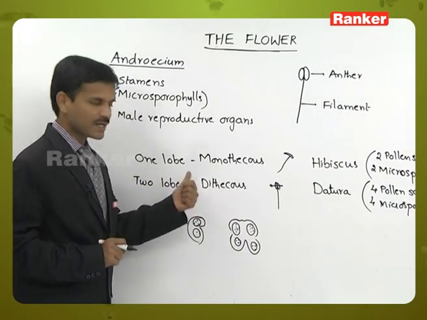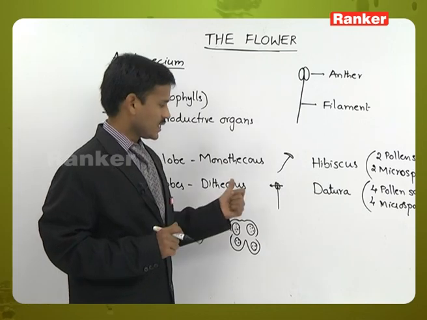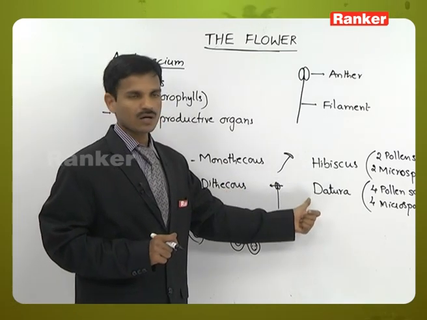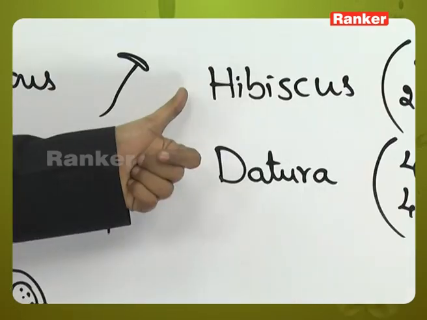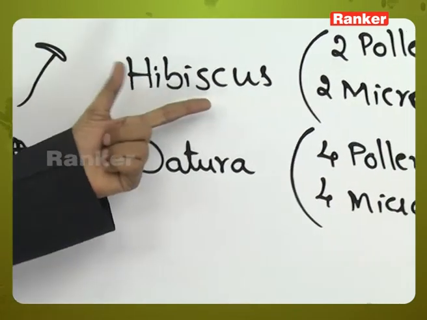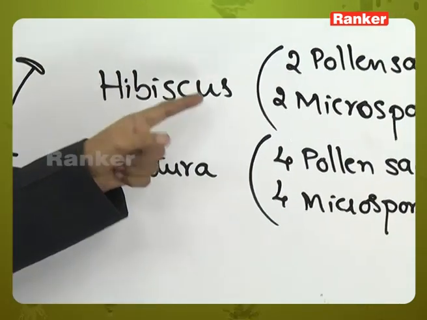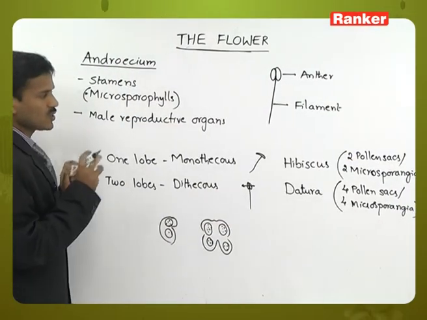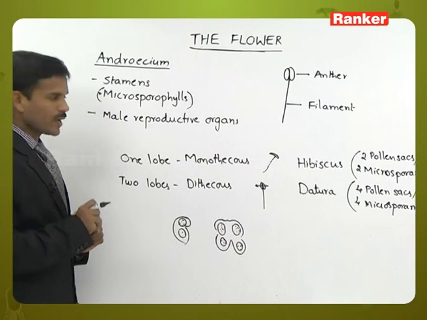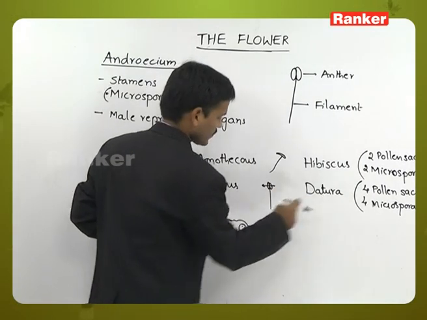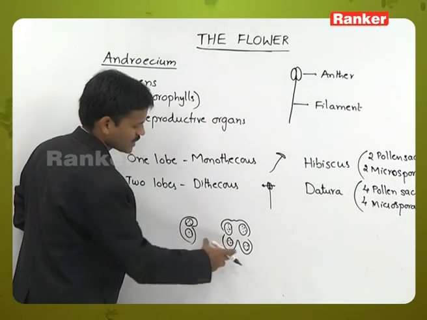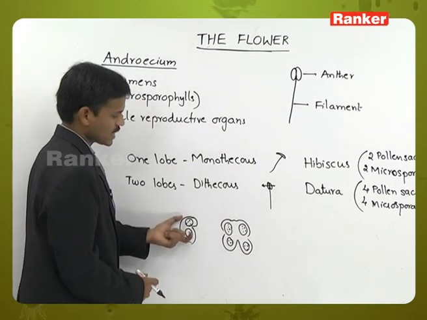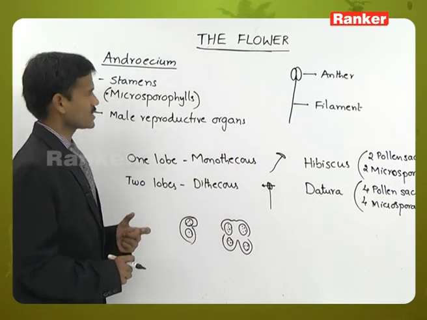If two lobes are present, it is called a dithecous anther, observed in the datura plant. Hibiscus has the monothecous anther with two pollen sacs or microsporangia. In datura, it is a dithecous anther, with four pollen sacs.